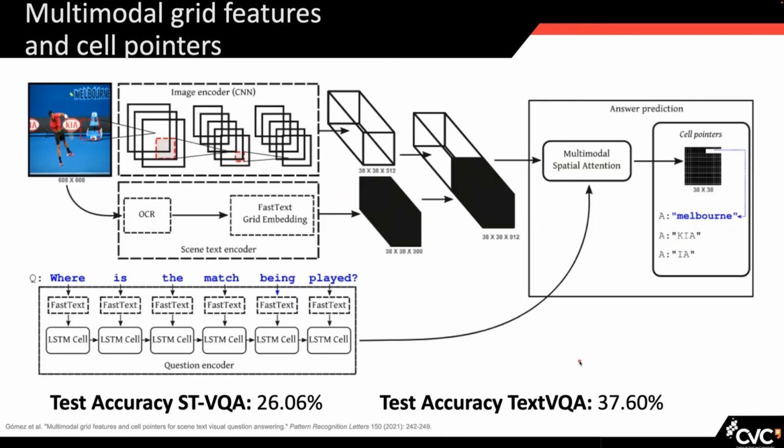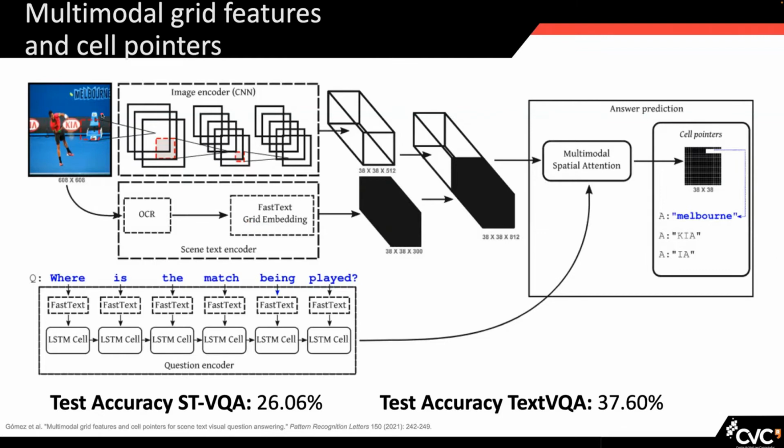Now, the next one, they still use the pointer networks, but with an important caveat that actually results in an important lesson, right? So they also take the image encoding features, visual features, and they also take the OCR features. So they run an OCR, they take the features of the OCR. But what they do is now use the spatial information that OCR gives you.